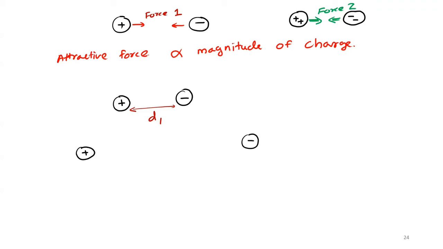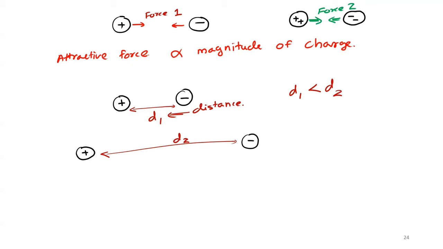This time, I'm going to place them far away from each other. Now, this new distance is D2. This is the distance between two charges. Now, you can see that the first distance is smaller than the second distance. The second distance is much larger.